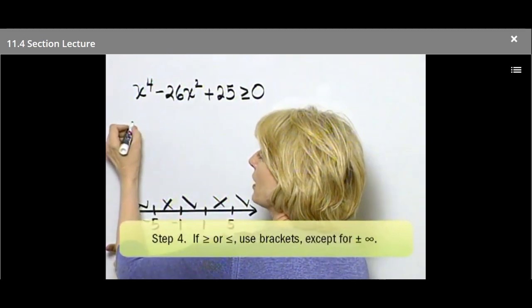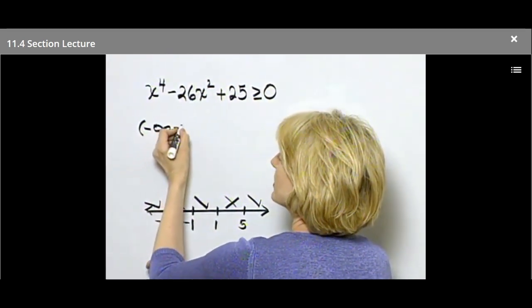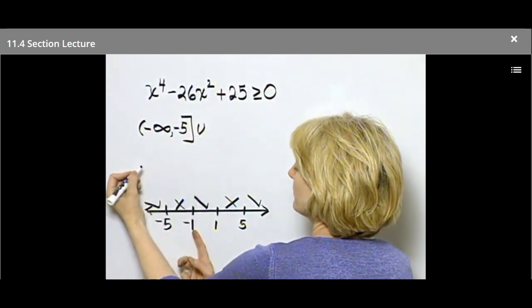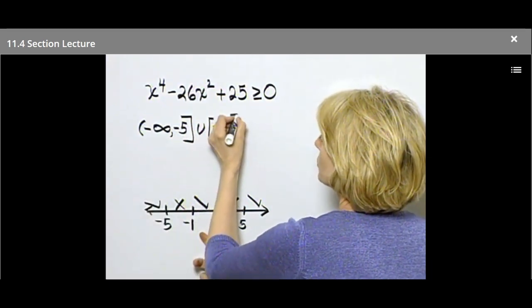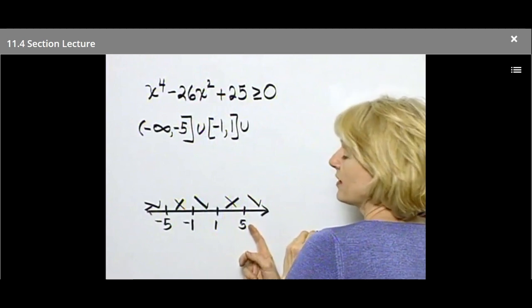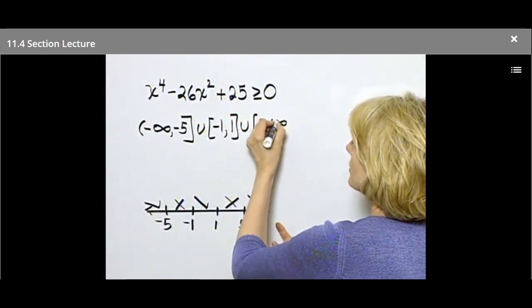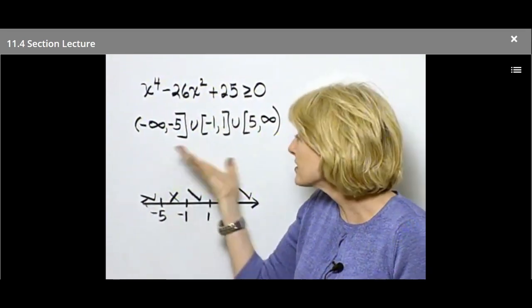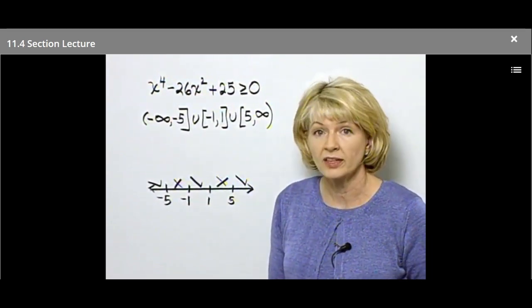So from left to right, negative infinity to -5 bracket, union. Here I have -1 to 1, -1 to 1, union 5 to infinity. And there we go. Here are the solutions, or this is the solution of this polynomial inequality.